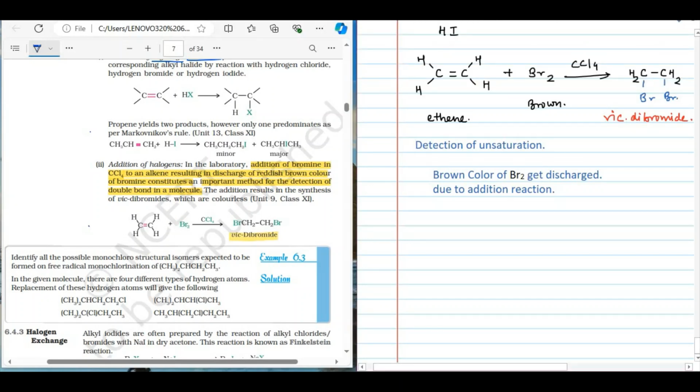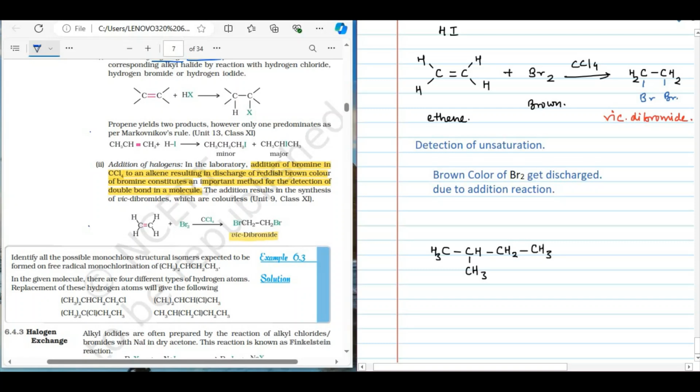So the molecule is given: CH3, and it is bonded to CH. There are two CH3. Then this CH is bonded to another CH2, single bond CH3.